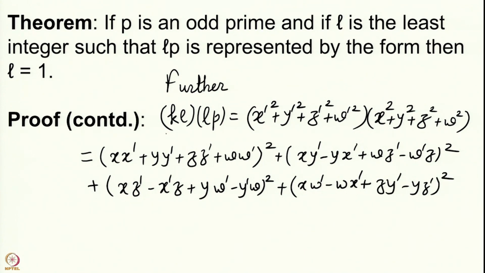That we can write the product, which is kL square P, as a sum of 4 squares.